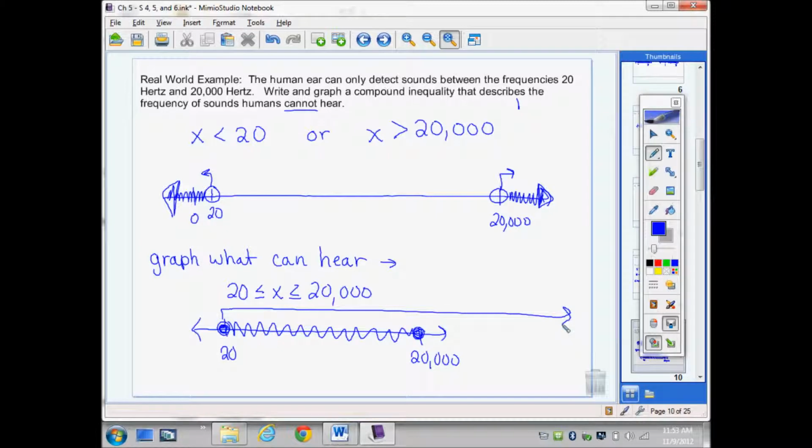And if x is less than 20,000, that's everything this way forever. But we're only taking the part that's on both together. Whereas with the union, we take the whole thing of both. Anything that overlaps and anything that doesn't overlap as well.